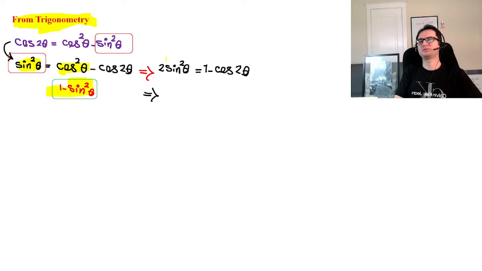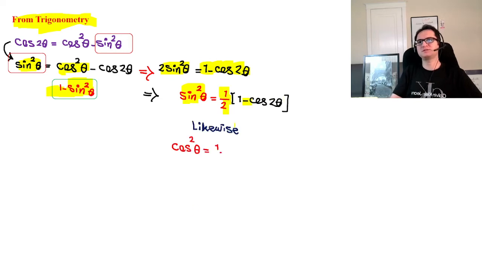So if you replace that, it gives you 2 sine squared theta is 1 minus cosine of 2 theta, and that says sine squared theta is a half of in bracket 1 minus cosine of 2 theta. Likewise, with the same approach, you can get cosine squared, which is a half, the same equation, but this time plus cosine of 2 theta.